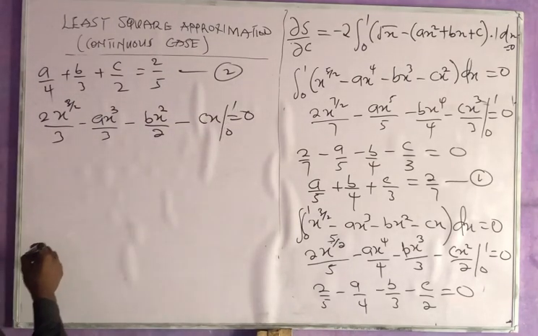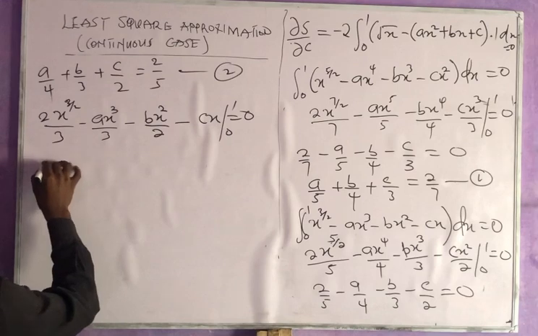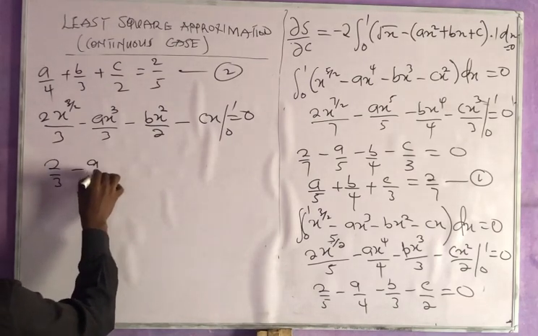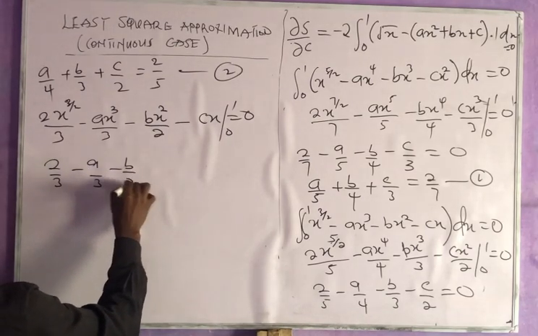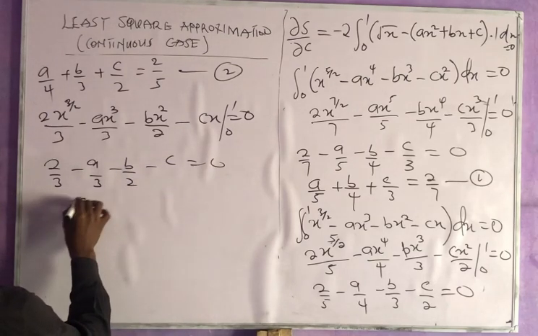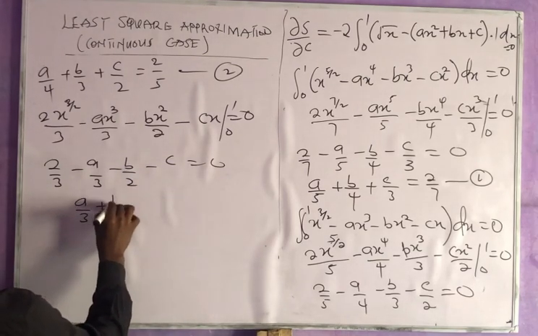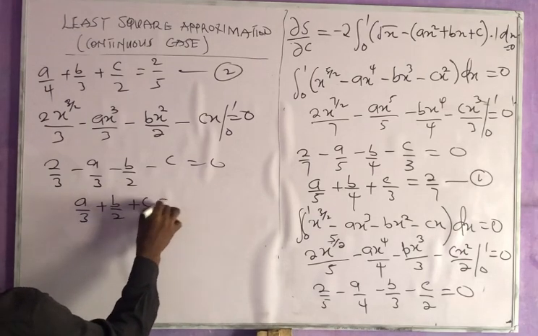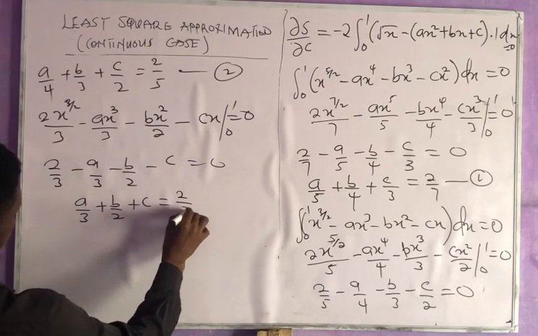So substitute the value of the limit. We have 2 over 3 minus a over 3 minus b over 2 minus c equals 0. So it means that a over 3 plus b over 2 plus c is equal to 2 over 3, equation 3.